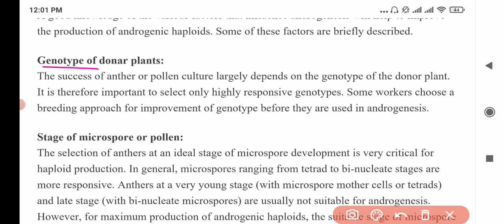Or if you want a disease resistant one, where there's a lot of disease. Or where you want to send these plants into a very dry area, you want drought resistant. So you have to choose a good genotype of your donor plant.